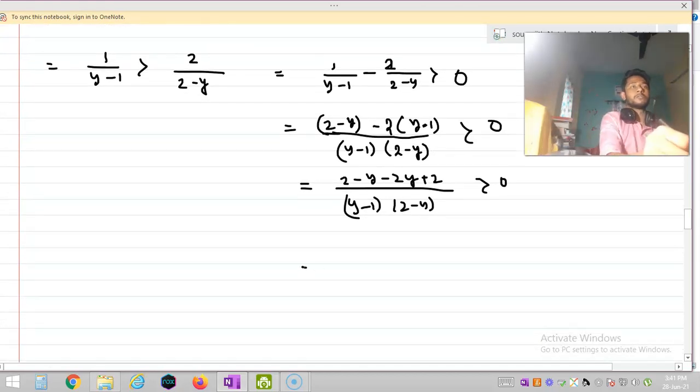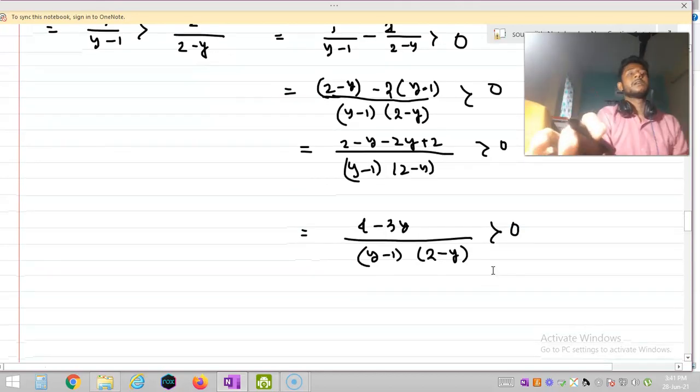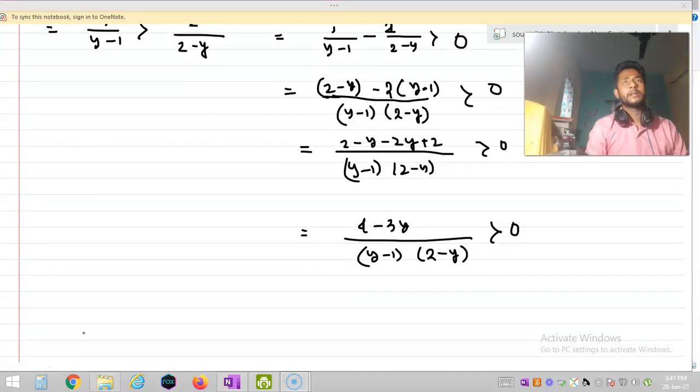So the denominator remains the same, y minus 1 into 2 minus y, and the numerator becomes 4 minus 3y, greater than 0. So first we need to find out the values of y which satisfy this inequation, right?